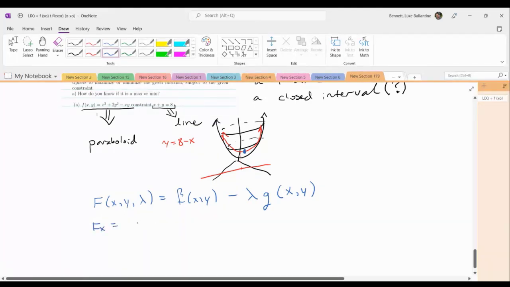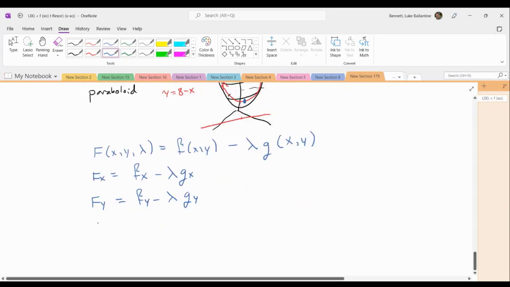Fx is fx minus lambda gx. Fy is fy minus lambda gy. F lambda equals negative g. Okay?